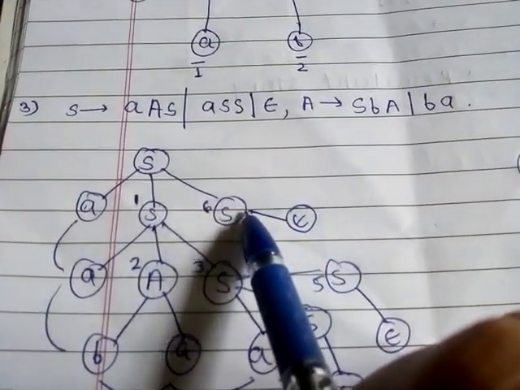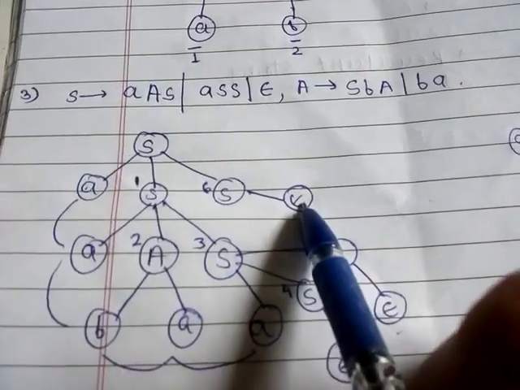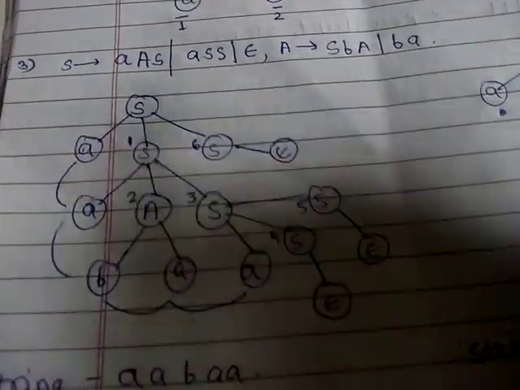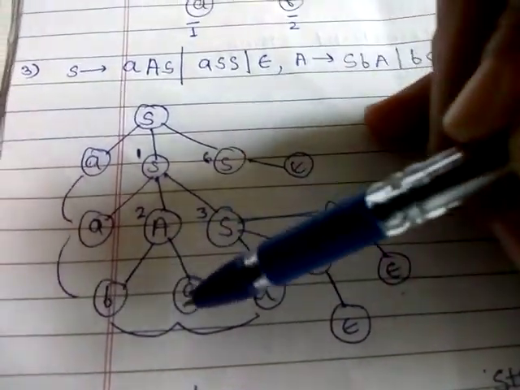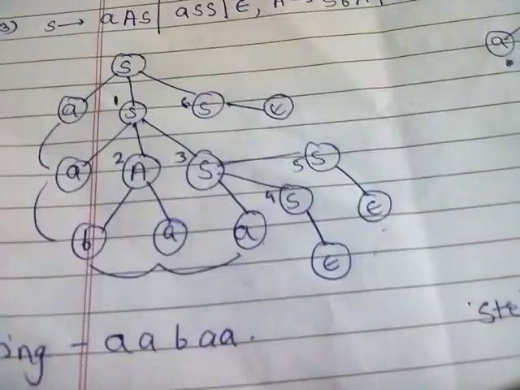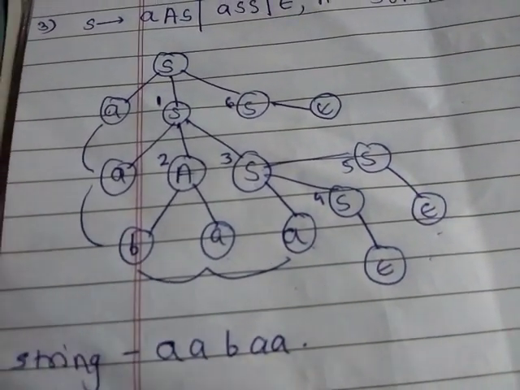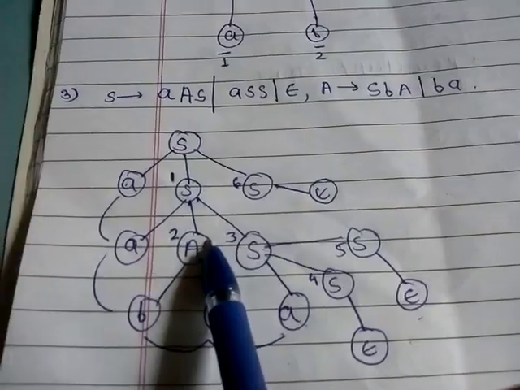If I want to stop the string, at that time I apply epsilon here. So the final string generated is A, B, A, B, A. This is my final left derivation.